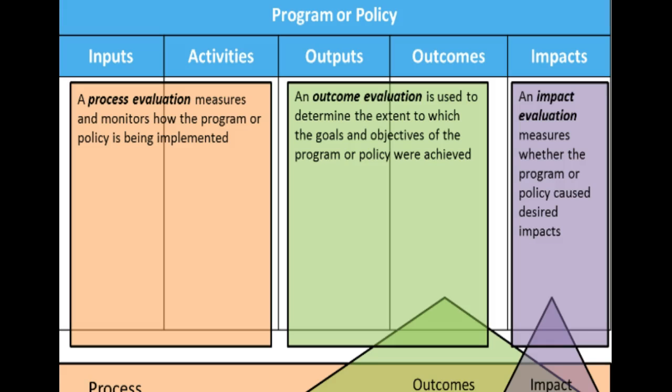These look like or are called implementation questions or process questions. Once you get into outcomes, short, medium, and some long-term outcomes, you're talking about an outcome evaluation. And then finally, impact evaluation measures whether the program or policy caused the desired impacts that we were hoping to.